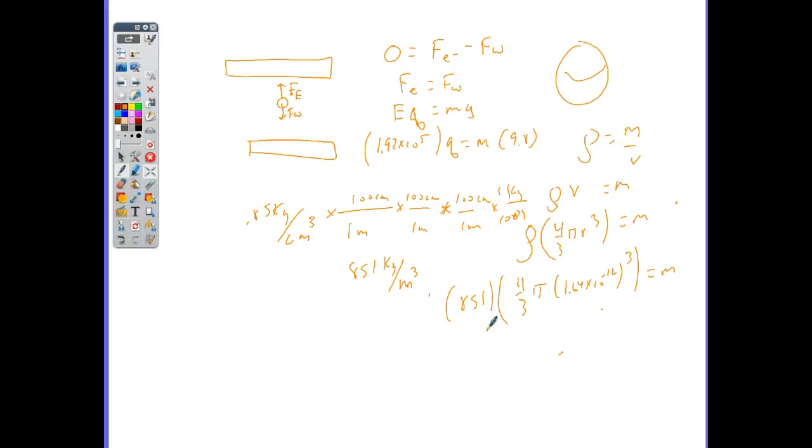That makes it 4 divided by 3 times pi times 1.64 exponent negative 12 to the 3rd power, times 851. And I get that the mass of this drop is 1.57 times 10 to the negative 32 kilograms.